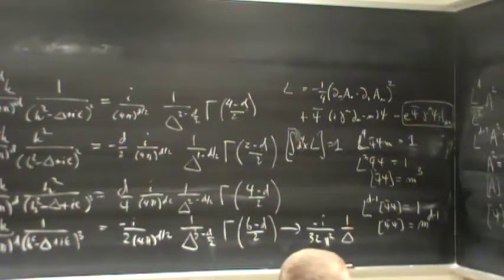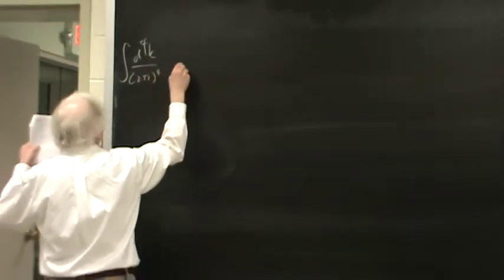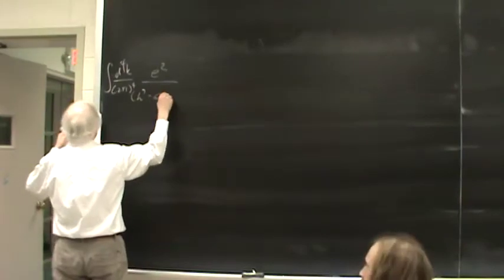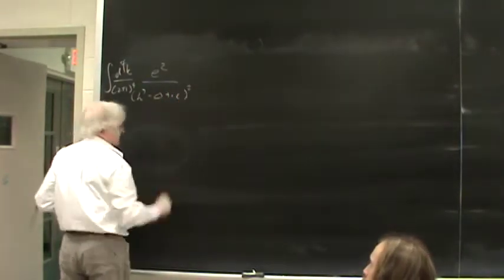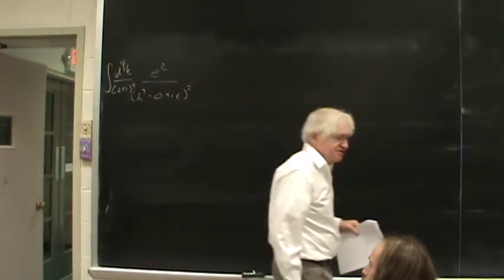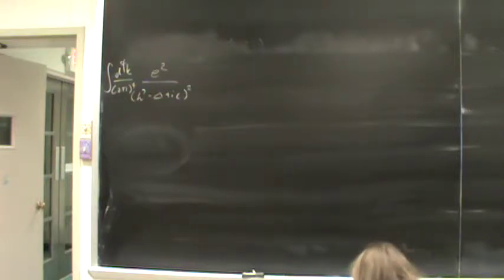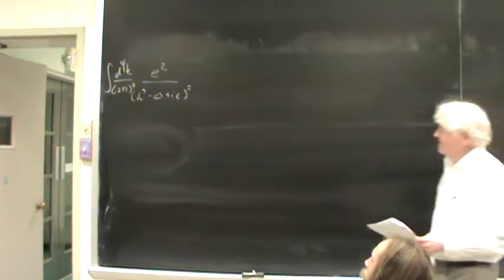For example, we have in dimensional regularization d fourth k over 2 pi to the 4th, let us say e squared over k squared minus delta plus I epsilon squared. Now this has a logarithmic divergence. Well, what does this go to?